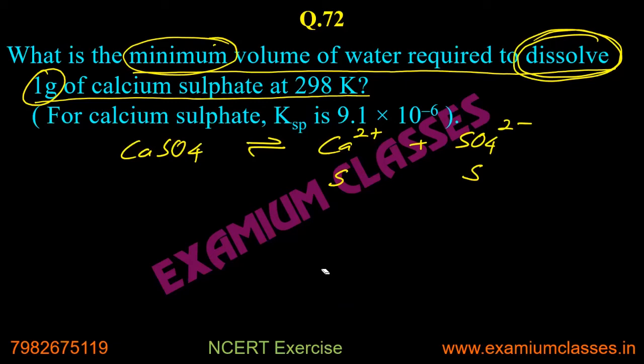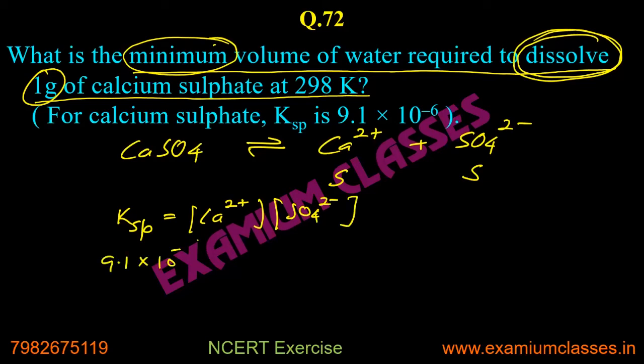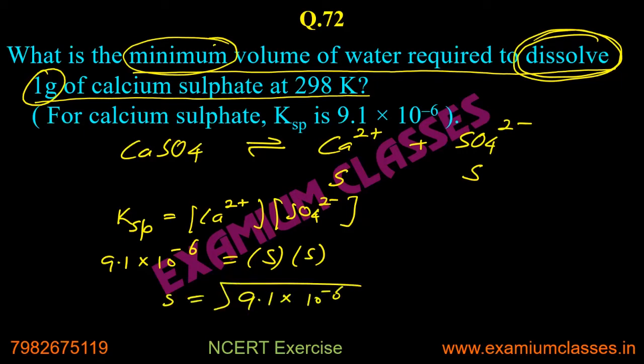Okay. So write the reaction and the KSP equation. KSP equals Ca2+ times SO4 2-. KSP is given, 9.1 into 10 to the power minus 6, equals S into S. S square equals that, or S equals the square root of 9.1 into 10 to the power minus 6. 3 square is 9.